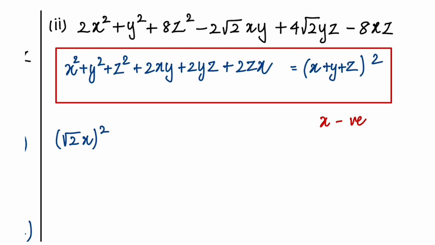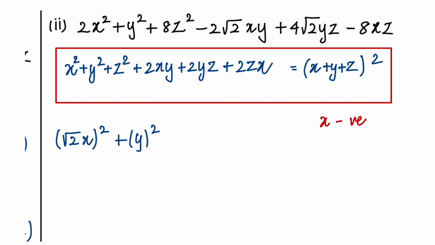Because all these x terms have root 2 in them, so we are writing with root 2. The next term is just y without a coefficient, so it's y the whole square. And next we have 8z square.